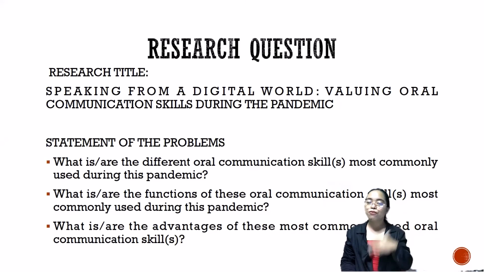Basically, if we look at these SOPs, we could come up with the different skills, the functions, and of course the advantages of the oral communication skills used in this time of pandemic. We want to show the value and the importance of oral communication skills in this time of pandemic.